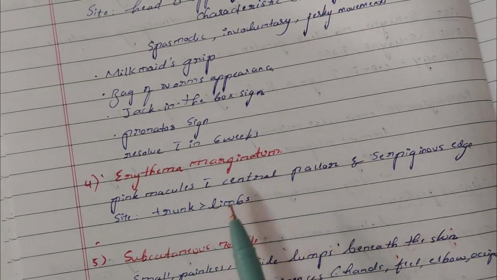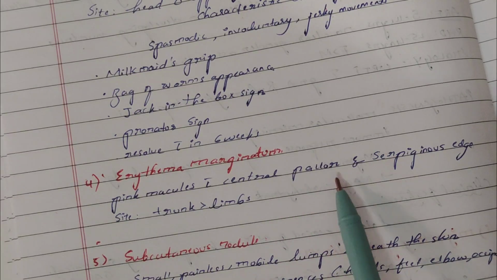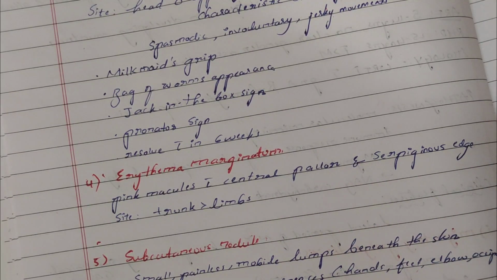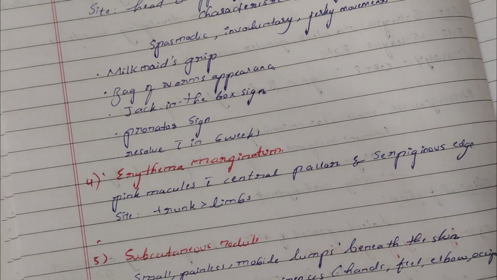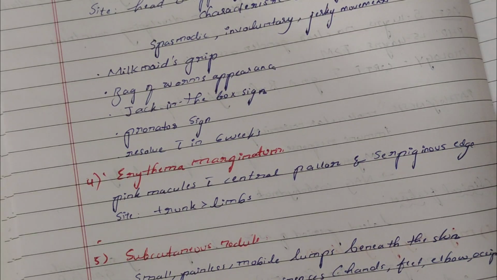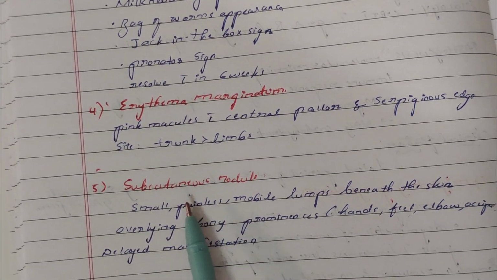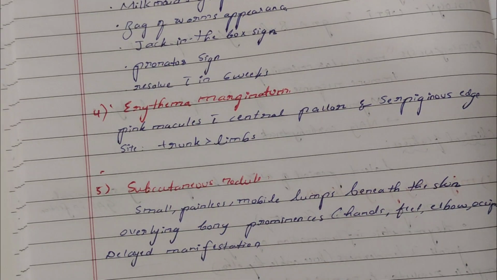Coming to the erythema marginatum, these are pink macules with central pallor and serpiginous edge. The site is the trunk; on the trunk we can see more erythema when compared to the limbs. And the last clinical feature is the subcutaneous nodule.